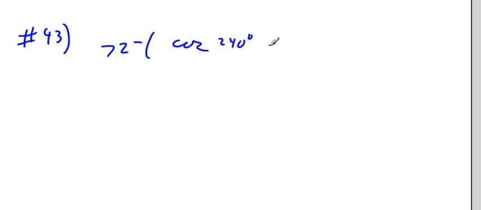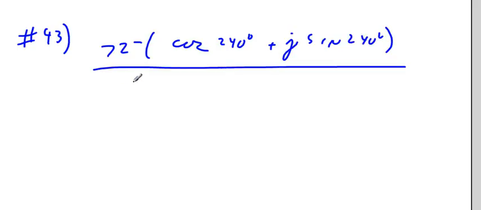All right, 43. Maybe we'll have everybody just go to the board and solve a problem. Write in rectangular form. So I got 72 cosine 240 plus j sine 240 divided by 8 cosine 120 plus j sine 120.